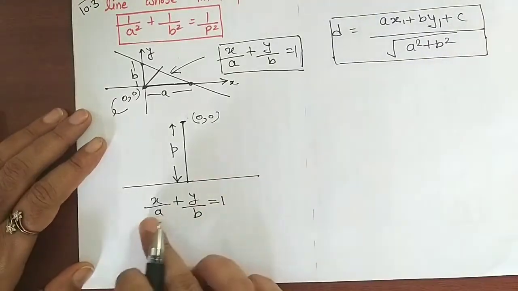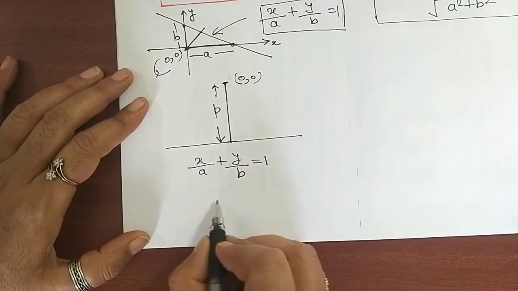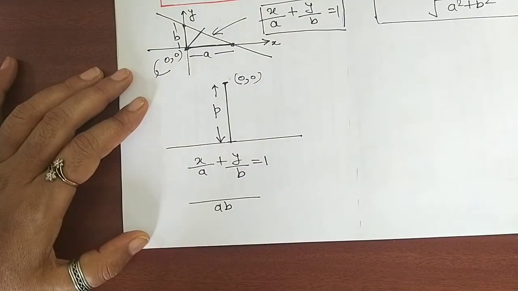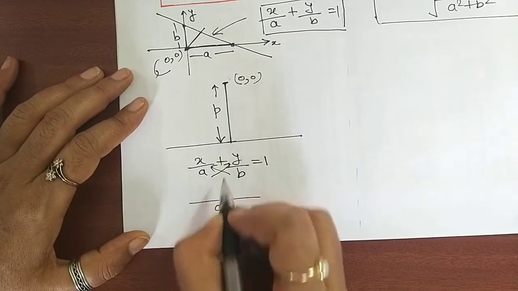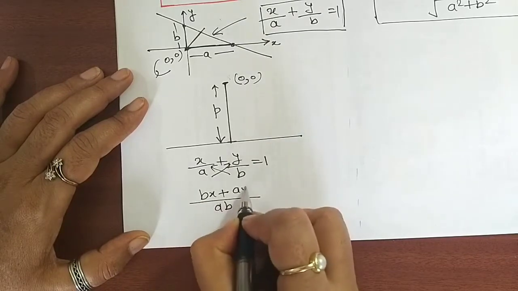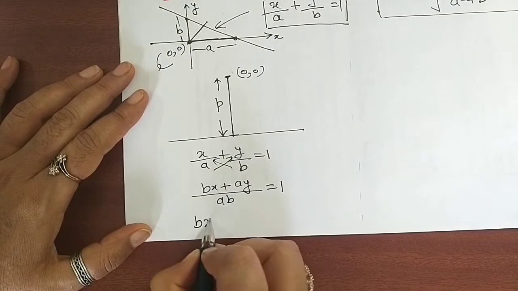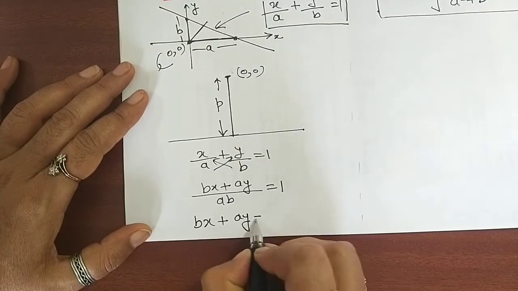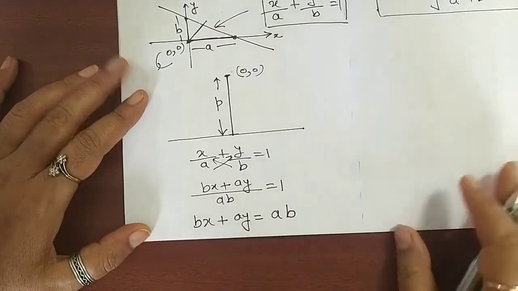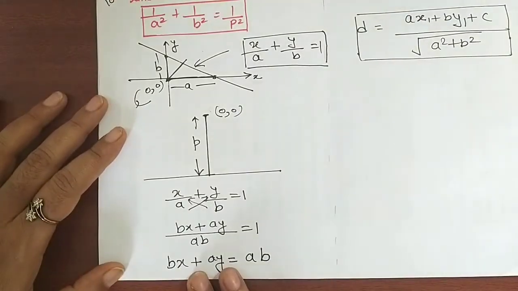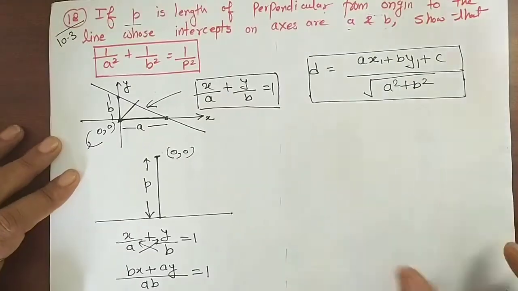So first let me convert it into standard form. So can I take AB as LCM? So B will go here and A here. So BX plus AY is AB. Okay. So I can write BX plus AY is equal to AB. This is the equation. I can little bit more simplify it.